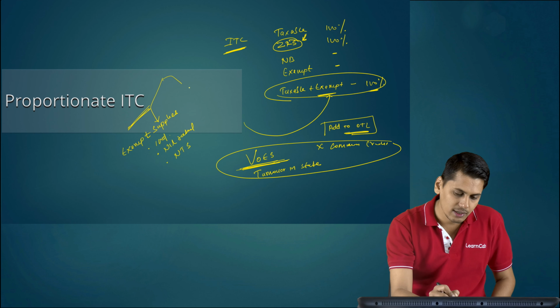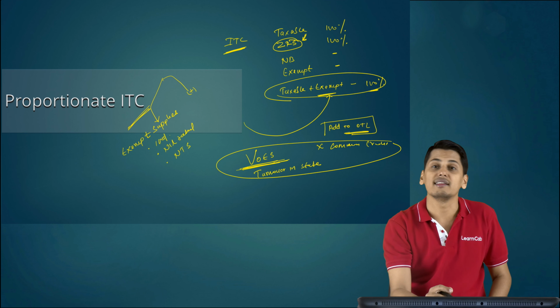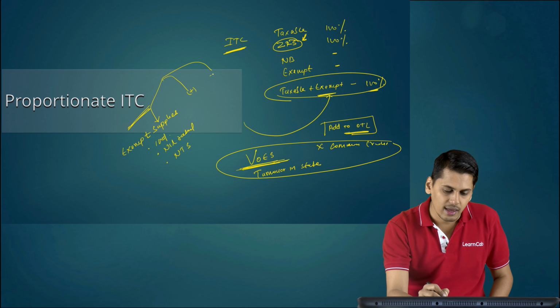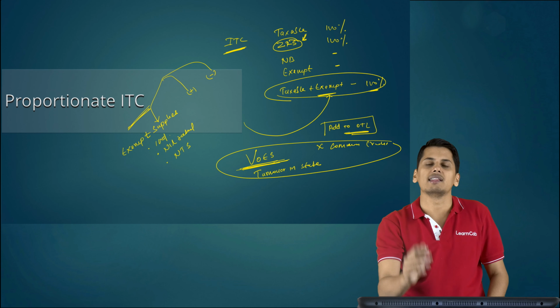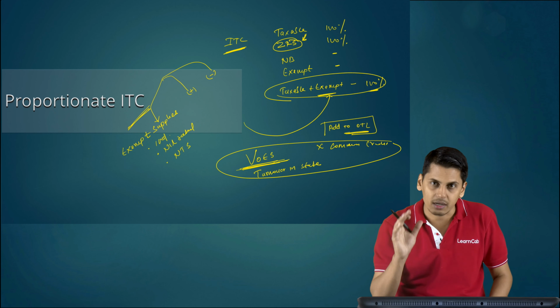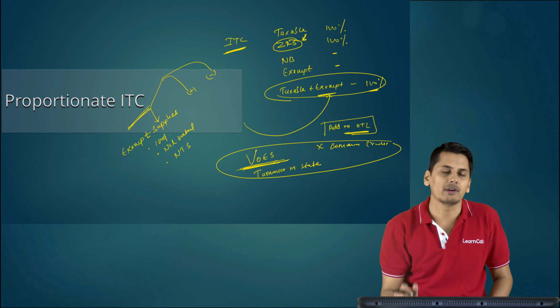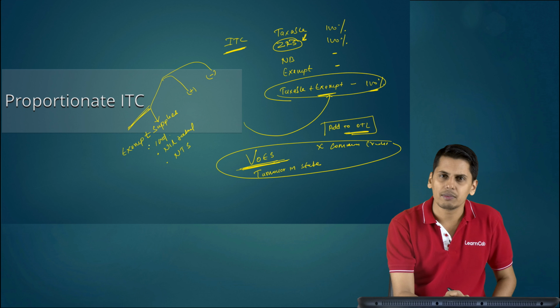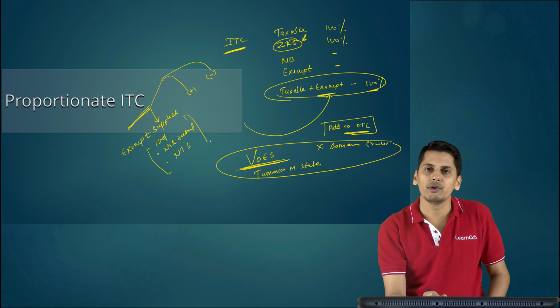Now, it tells you it will include certain things in the value of exempt supplies and it will exclude certain things in the value of exempt supplies. I repeat again, the explanation to rule 42 and 43 tells you exempt supplies means the regular thing is obviously going to be there.